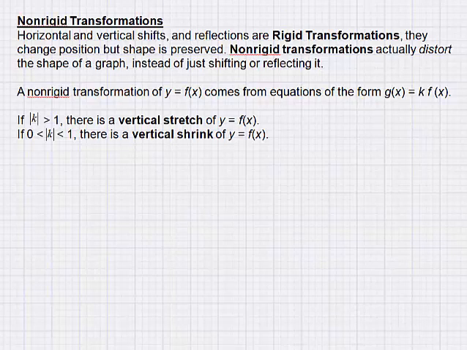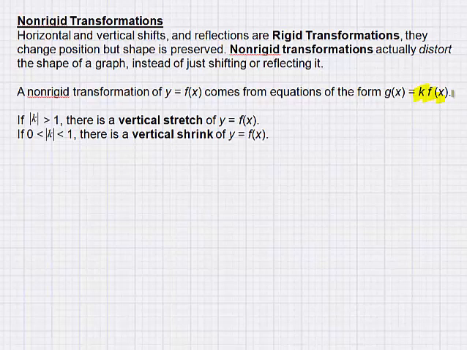Now generally the shape will still be the shape that it started with, a V or a U or whatever, but the curve will be altered in that it'll be stretched in some direction. So that happens when you have a multiplier outside your function, or even inside your function, but we're only going to look at multipliers outside the function.